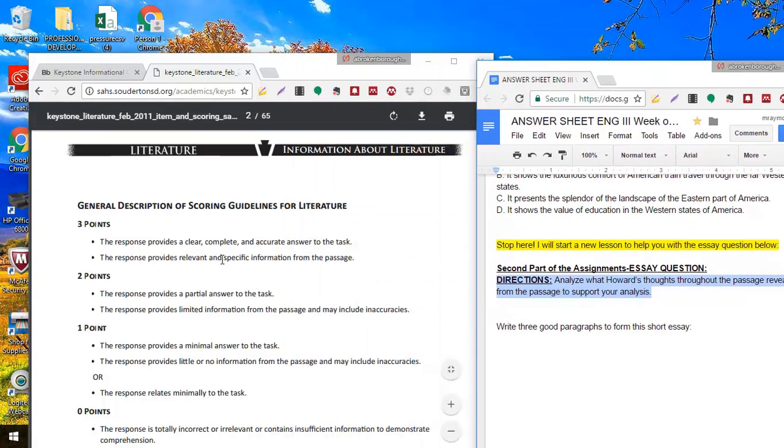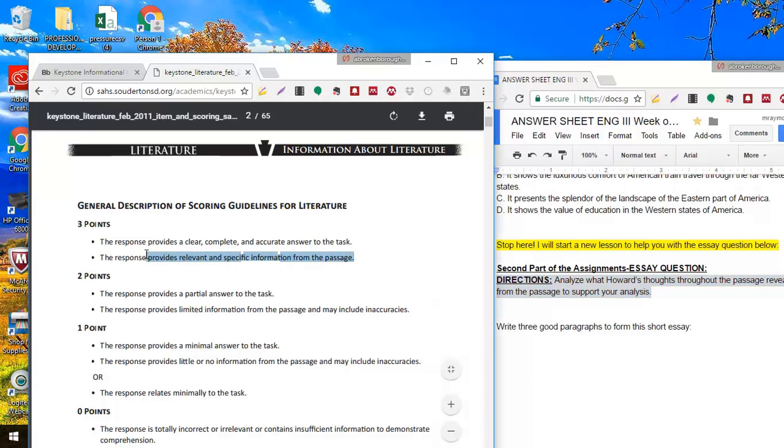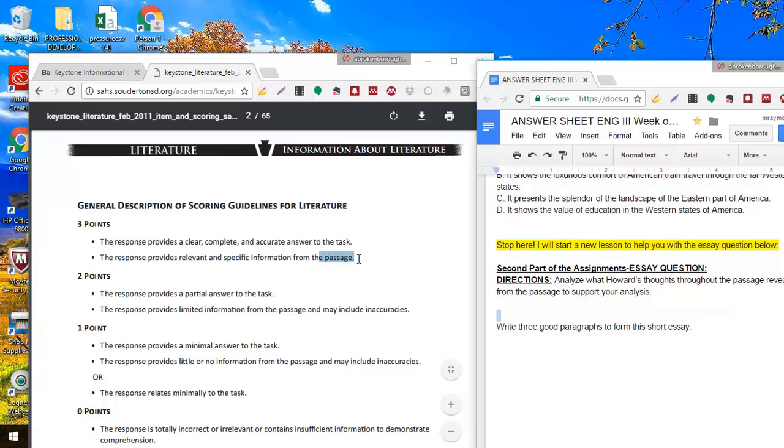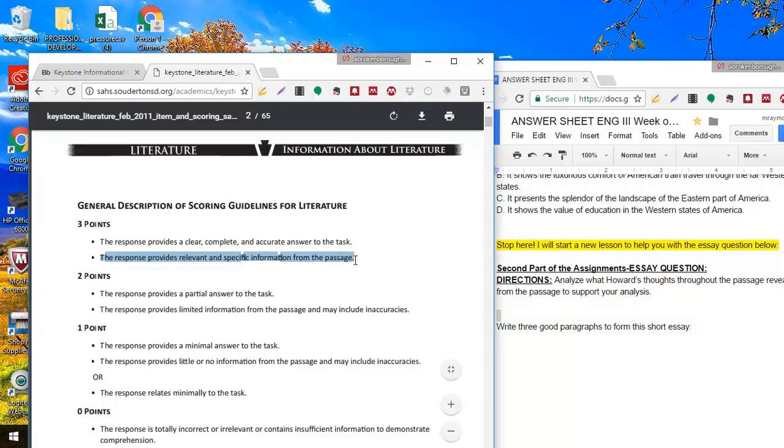The response provides relevant and specific information from the passage. I cannot emphasize this enough. This means textual evidence from the passage. In this specific example, it was Up the Coolly. That's the passage or the text or the story. You want to make sure you provide information from the story to support your statements.